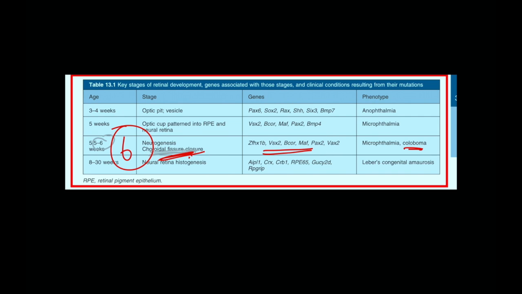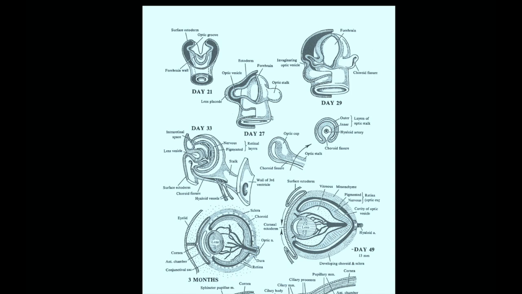Right? Now this is a very complicated picture, but to make it very simple, you can see this is going to be the forebrain giving the optic stalk, the optic vesicle. Now this optic stalk is here, the optic cup is there. There are two layers, the outer and the inner. Now as you can see a hole here.